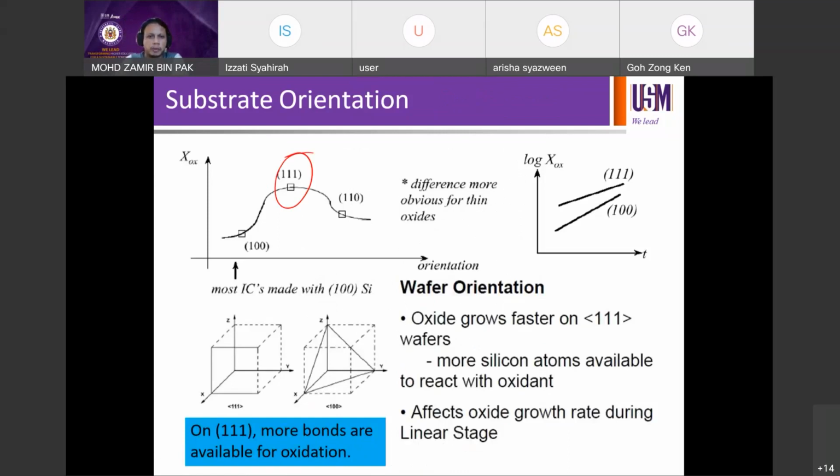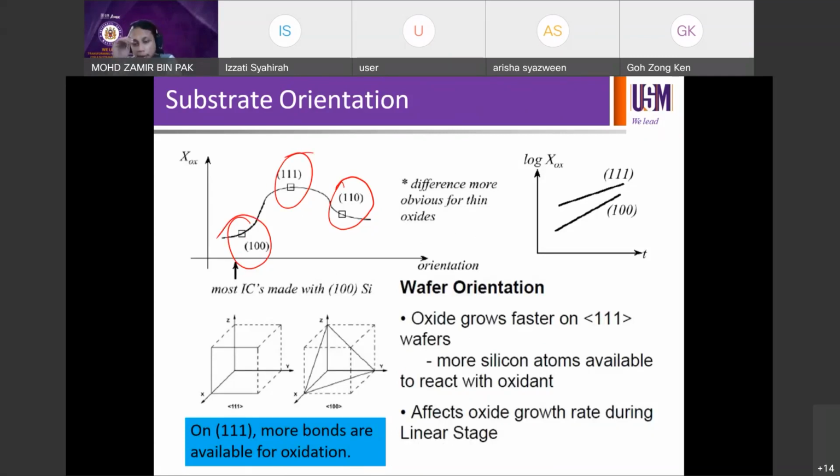This is followed by 110, and the lowest one is 100. So by orientation, 111 is the highest in terms of oxide thickness, and 100 is the lowest, when they are subjected to the very same process condition.